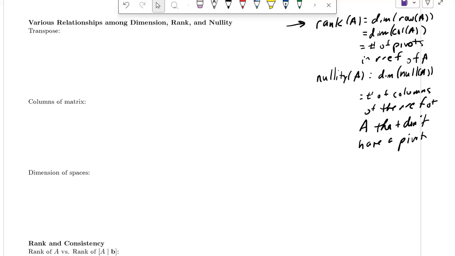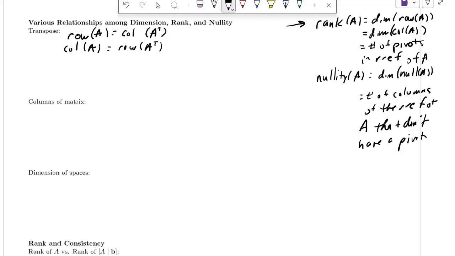Okay? What happens when you take the transpose? What does your transpose do? It swaps the rows and columns, right? So your row space of A should correspond to what for the transpose? The column space, good. And vice versa. Your column space of the original should be the row space of the transpose.